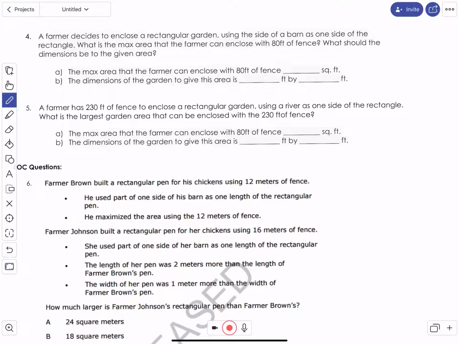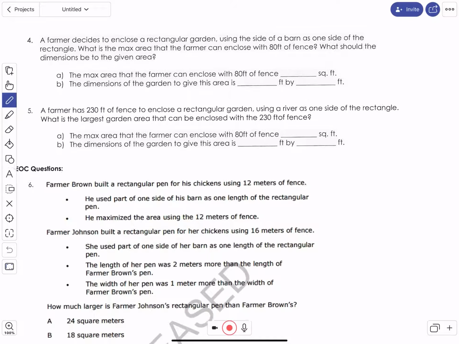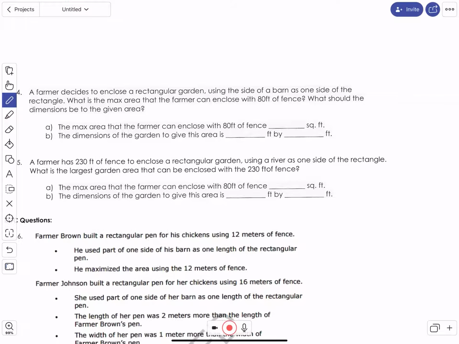So, problem 4. A farmer decides to enclose a rectangular garden using the side of a barn as one side of the rectangle. What is the maximum area the farmer can enclose with 80 foot of fence? What should the dimensions be to the given area? Okay, so let's go right here where we got some room. Here's his barn.